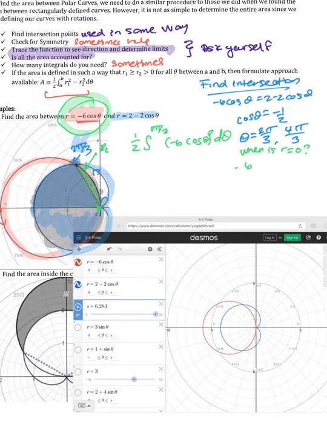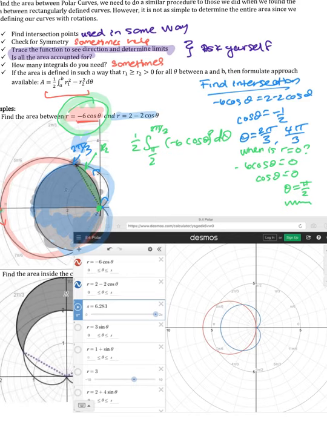So I'm saying -6 cosine of theta equals 0. This is true when cosine of theta is equal to 0. And when is cosine of theta equal to 0? At pi over 2 and 3 pi over 2 in the first quadrant. This is the only thing that's going to matter. So that is going to be my lower bound. This point is not at 0, 0. Remember, the circle didn't even start at 0, 0. It started over here.